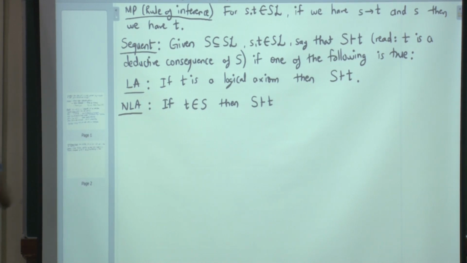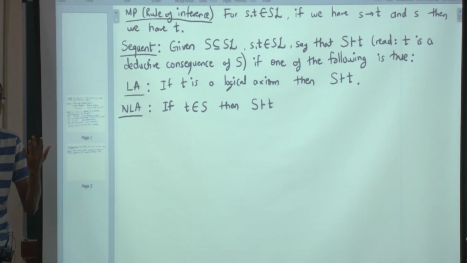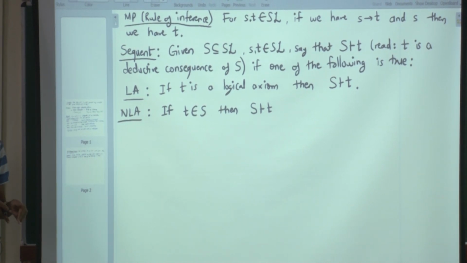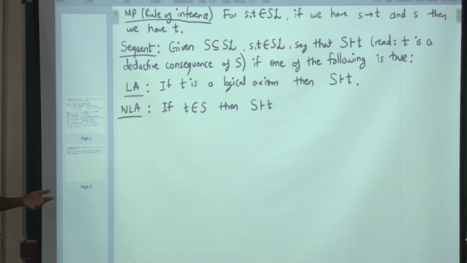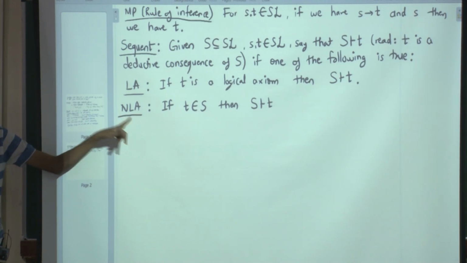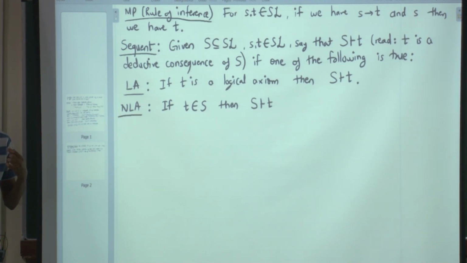Whatever we assume, we should affirm it. You understand? I'm trying to find out all the consequences of capital S. So in particular, everything in capital S is also a consequence. But it is not because of some logic. That's why it's called non-logical axiom. It's because of my own assumption. Right? So non-logical axiom. And third one is of course MP.